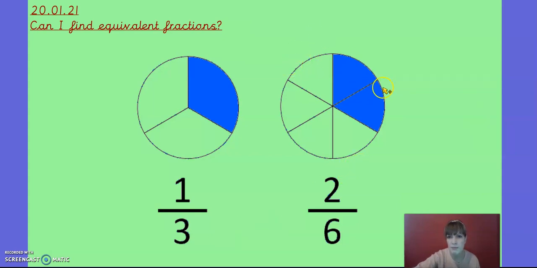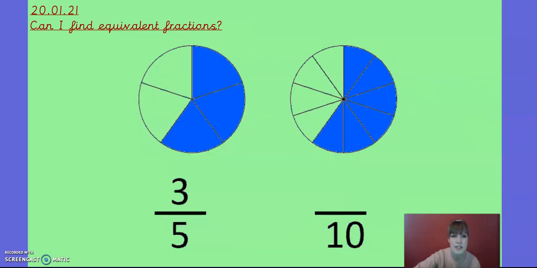Then on my cake over here, same size cake, but I've split it into 6 equal pieces because my denominator is 6 and I need to split it into 6 equal pieces. So then I shade in 2 of them. And if you look at the shapes, they're exactly the same size. Okay.